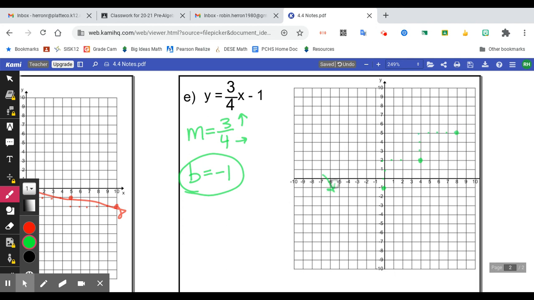Now I need this side. So down 1, 2, 3, left 1, 2, 3, 4. Down 1, 2, 3, left 1, 2, 3, 4. And there's your line.